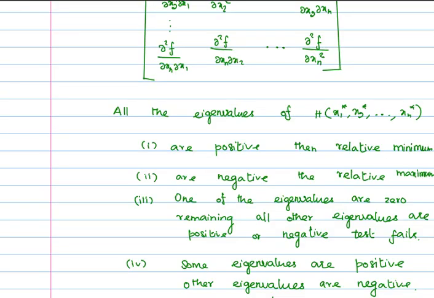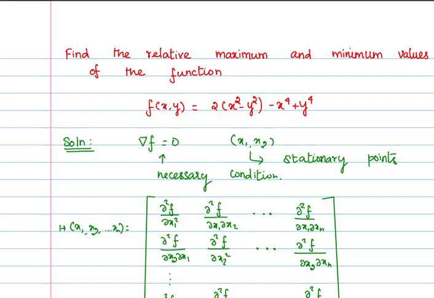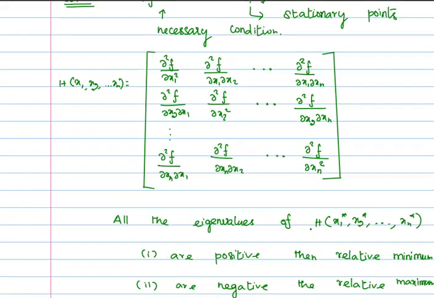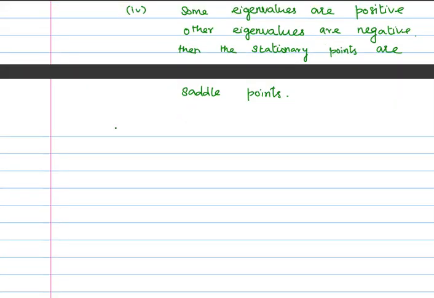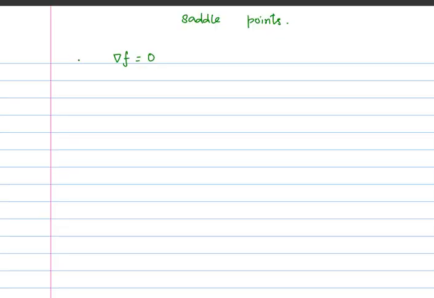Now, here there are only two decision variables, x and y. First I will find the gradient of f equal to the zero vector. ∂f/∂x = 4x − 4x³. Similarly, ∂f/∂y = −4y + 4y³.